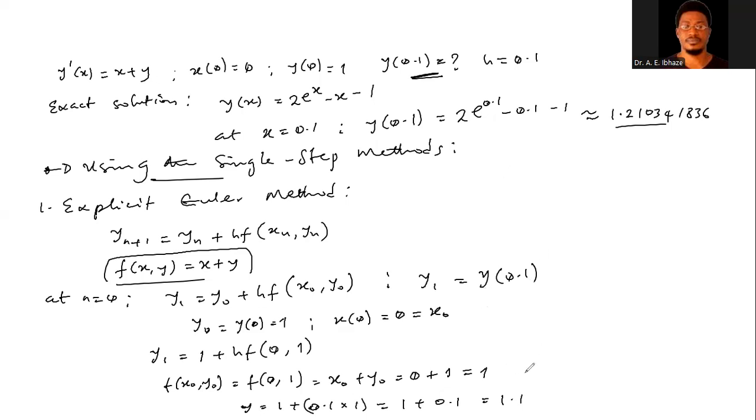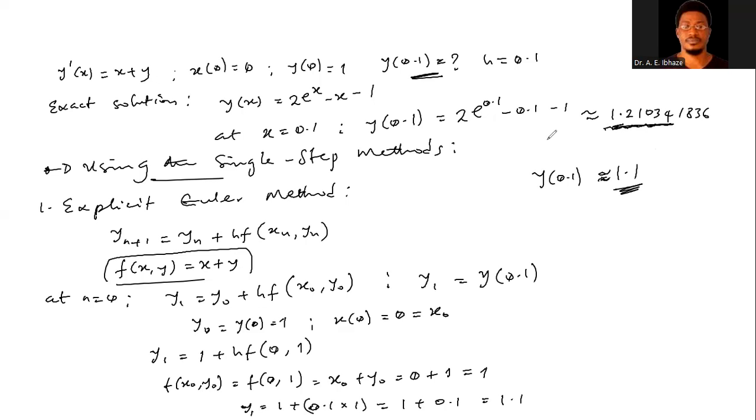So you can see that our y of 0.1 is the same as 1.1, which is a close approximation to the exact solution. And the difference between this approximate value and this exact value will give us the local error.